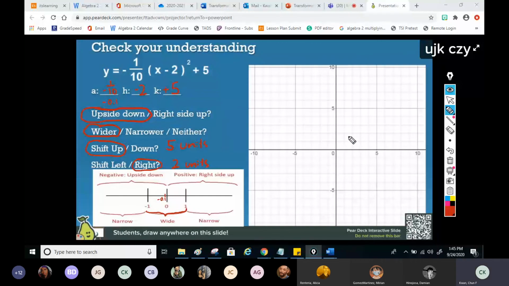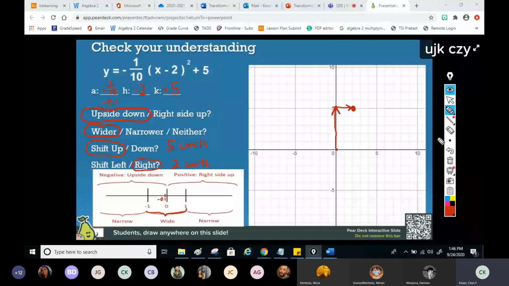All right, let's sketch the graph. So from 0, 0, I have to go up by 5 units. So 1, 2, 3, 4, 5, I'm at right here. And then I need to shift 2 units to the right. So 1, 2, right here.